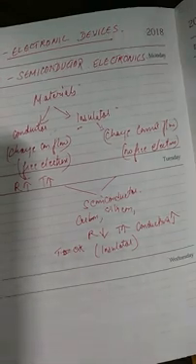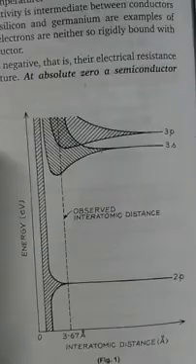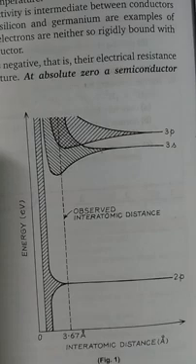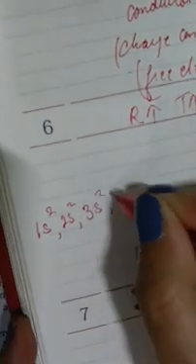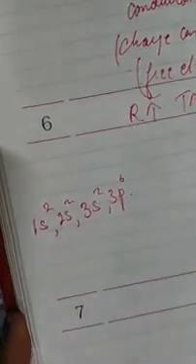Now we'll study energy bands in materials. A material consists of an enormous number of atoms packed closely together. Each atom, when isolated, has a discrete set of electron levels, such as, I'll just write it down: 1s2, 2s2, 3s2, 3p6, etc. This way electrons sit in different levels.